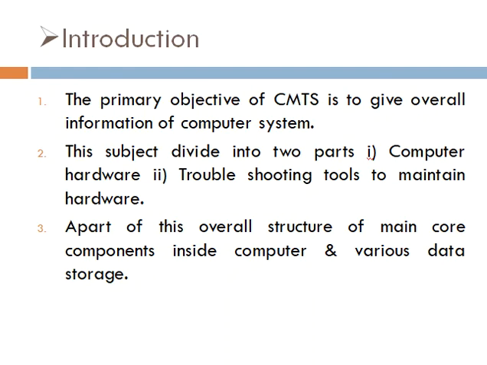It means this subject covers computer maintenance and computer peripherals, like a keyboard, RAM, and printer, and troubleshooting: how to resolve errors, how to check faults, and how to repair them. The overall subject is computer maintenance and troubleshooting.